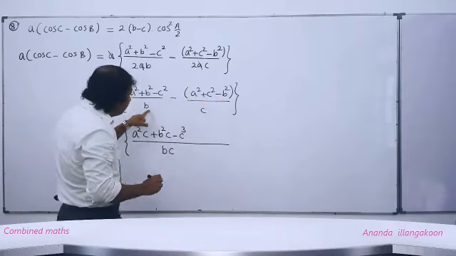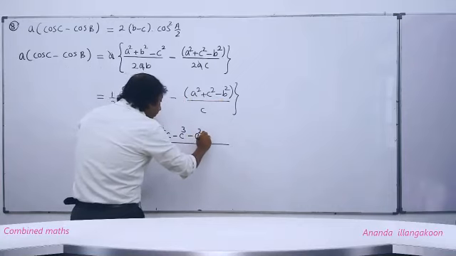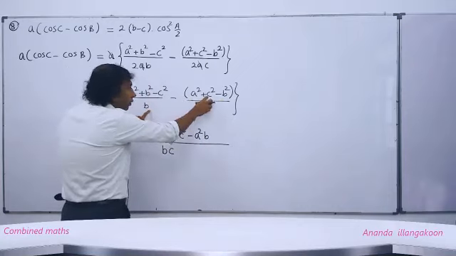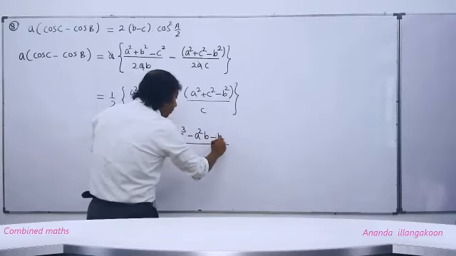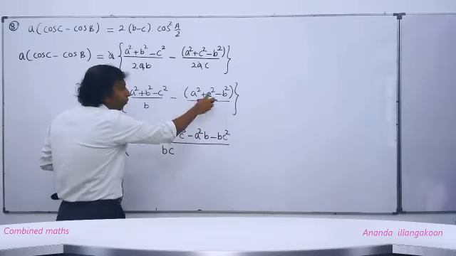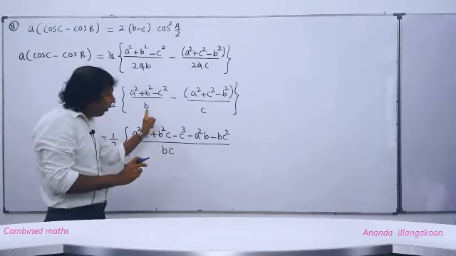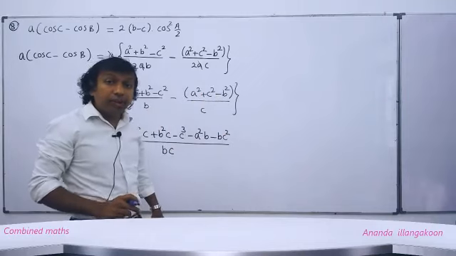Minus A squared B, minus C squared B, minus BC squared, plus B squared, and by this B also we have to multiply, plus B cubed.